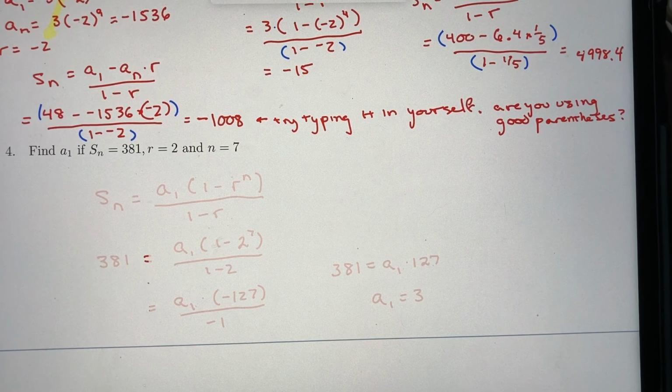So I've given n, so I'm going to use this version. And I'm given Sn. What do I need to find? Oh, I need to find a1. Good thing I know everything else.